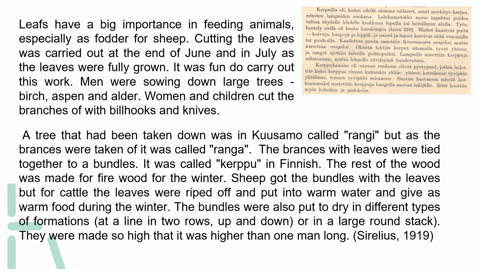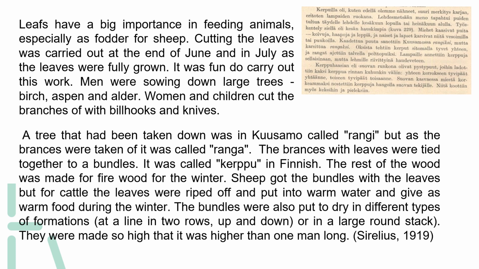Then the rest of the wood was made into firewood for the winter. The sheep got these bundles with the leaves on, but for cattle, people reaped off the leaves when they were dry, put them into warm water, and it was given as warm food for cattle during the winter.